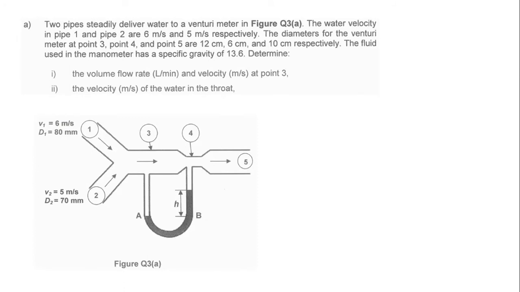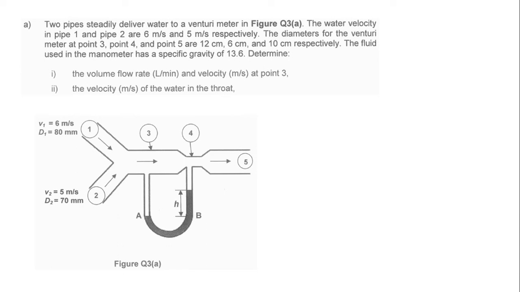Okay, two pipes steadily deliver water to a venturi meter in figure Q3A. The water velocity in pipe 1 and pipe 2 are 6 meter per second and 5 meter per second respectively. The diameters for the venturi meter at point 3, point 4 and point 5 are 12 cm, 6 cm and 10 cm. The fluid used in the manometer has a specific gravity of 13.6.